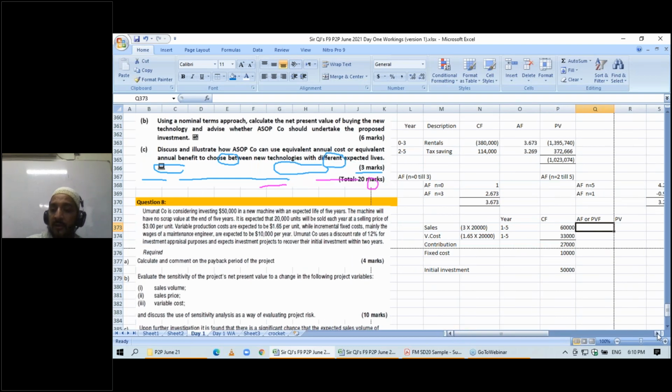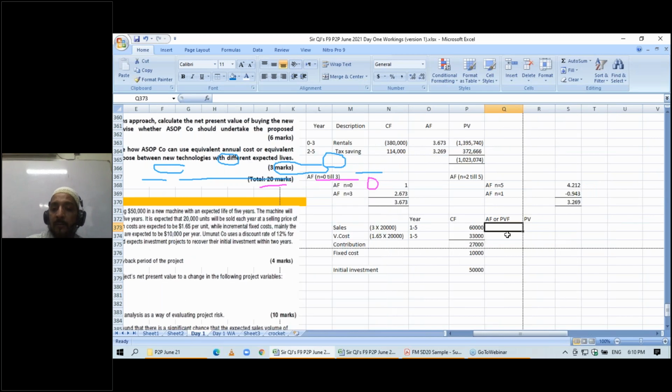12%. So at 12%, look into the present value table. The present value table will show you the fraction for 5 years. When n equals 5 years, the annuity fraction is 3.605.